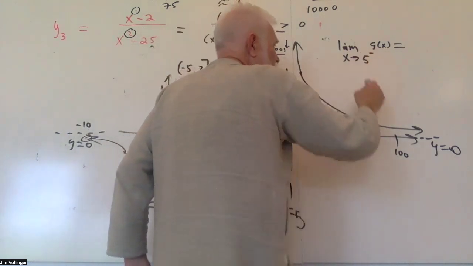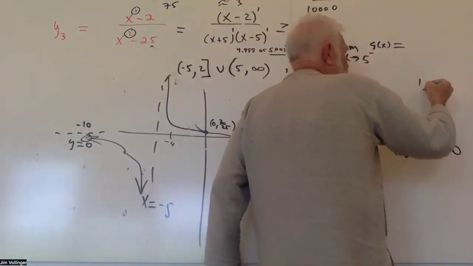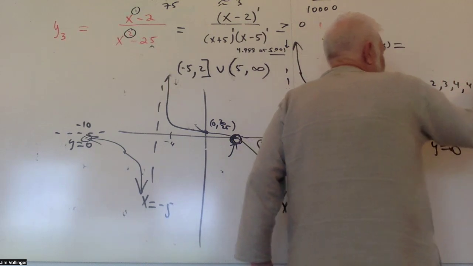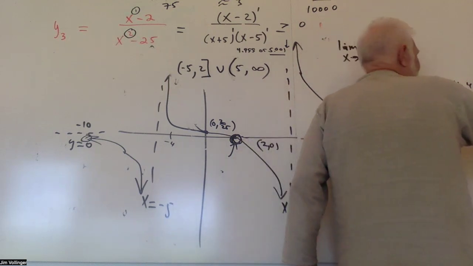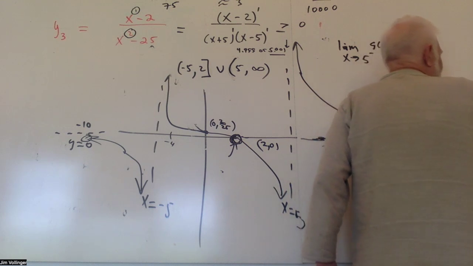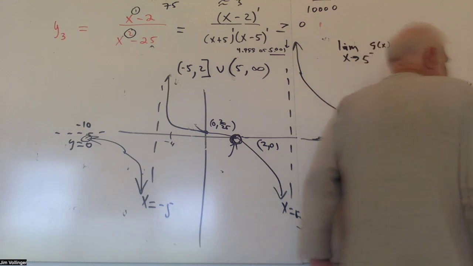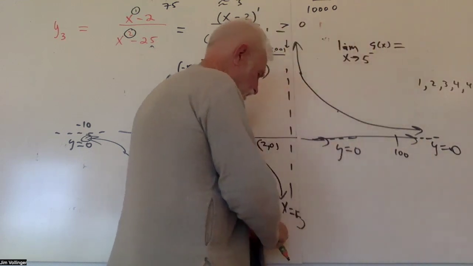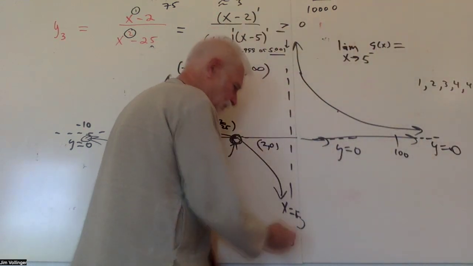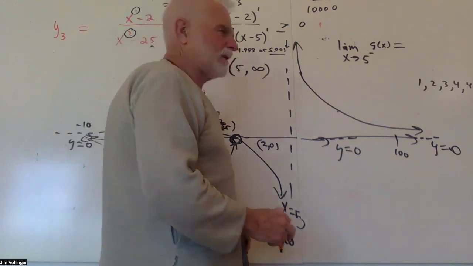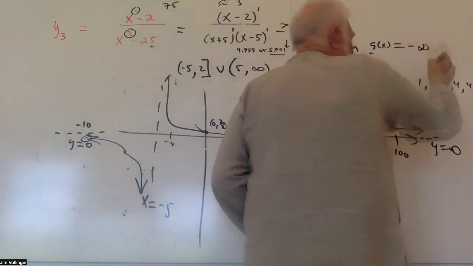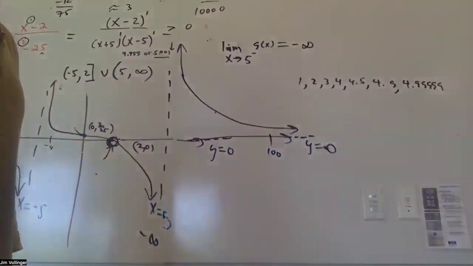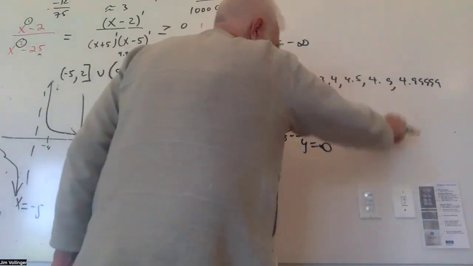So going to 5 from the left is like saying I got 1, 2, 3, 4, 4.5, 4.9, 4.99999. Right? When I plug in a number like that, I'm going to get a pretty darn big negative number out. That's what you're trying to see.